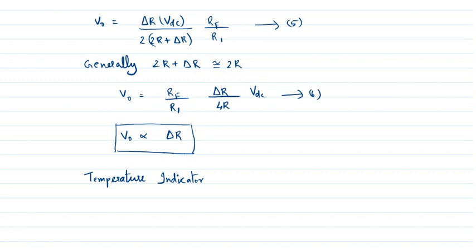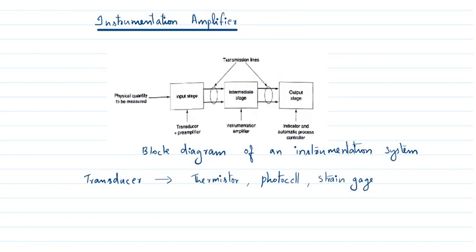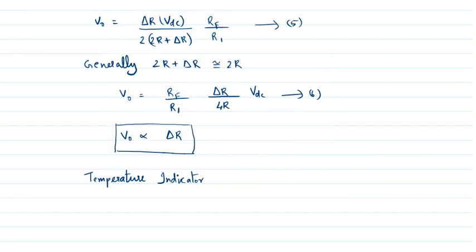Okay. So if there is any change, this transducer accepts that change, and it passes through the transmission lines to the instrumentation amplifier, and we have an indicating meter with us. So we will note the changes in the output equipment, and we can understand that there is a change in the temperature.